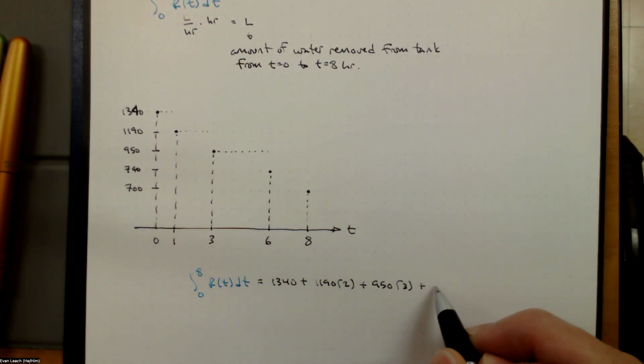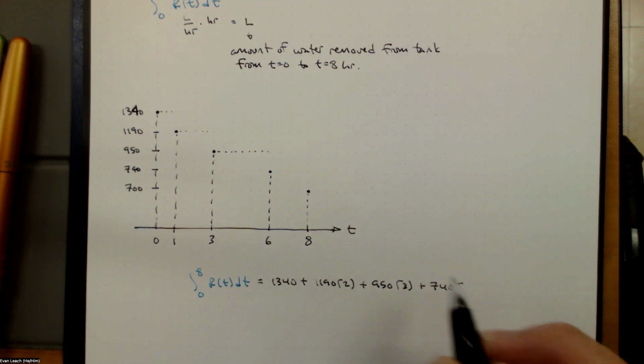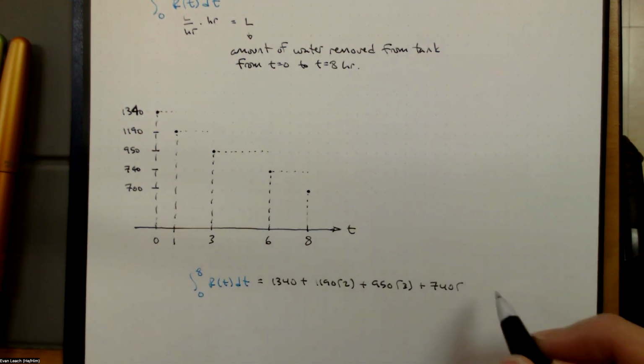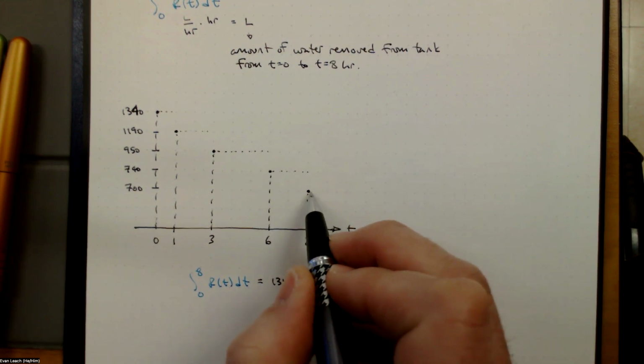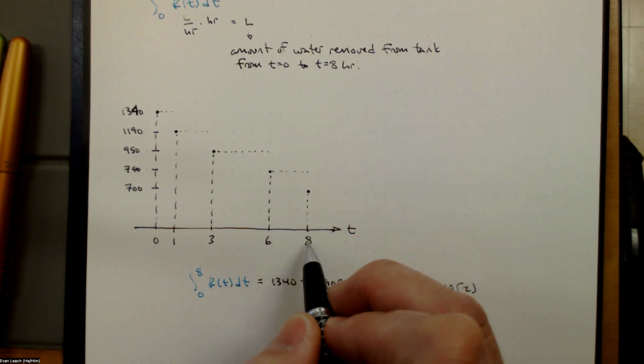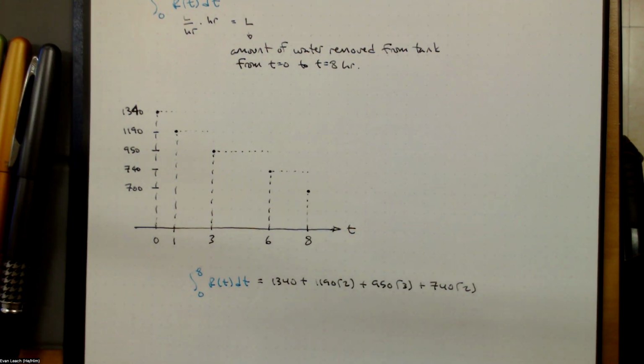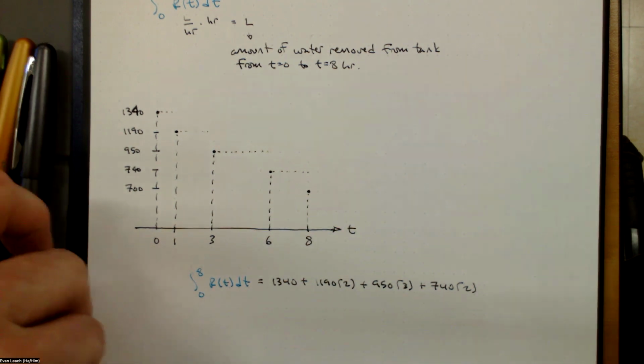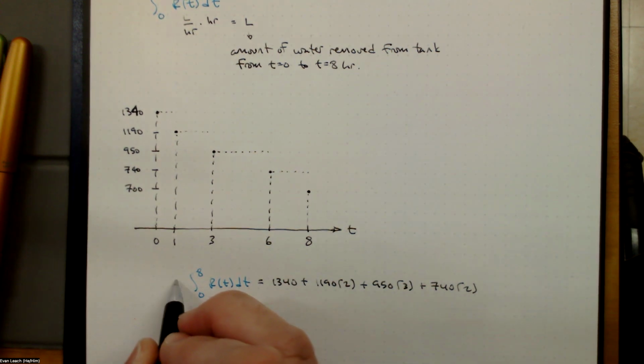And then use the 740 twice. And actually not use the 700 because that's where it ends. We end at 8. So there are 1, 2, 3, 4, 1, 2, 3, 4, and we're just imagining them as rectangles. This is going to give us an overestimate of the actual area.